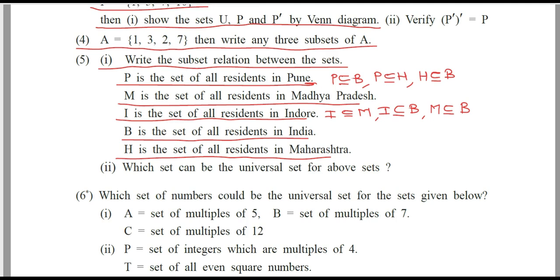These are the subset relations. Now the last is which set can be the universal set for the above sets. That is the B is the universal set. That is the set of residents in India.